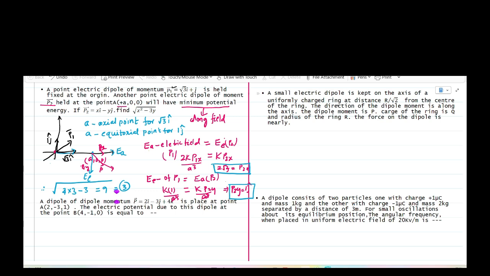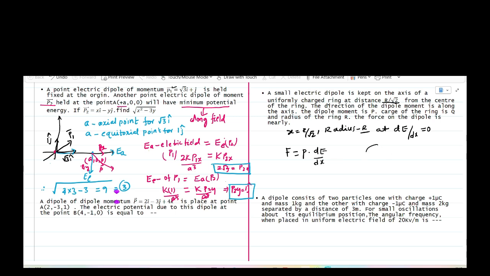Now there is a small electric dipole kept at the axial point of a uniformly charged ring at distance r by root 2. So x equal to r by root 2, where r is the radius. At this point, dE by dx is equal to 0, the maximum field. So in the ring you studied, right? Therefore force is equal to P into dE by dx.